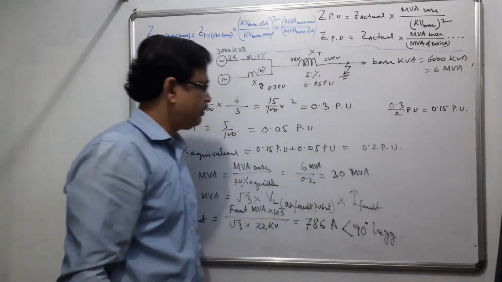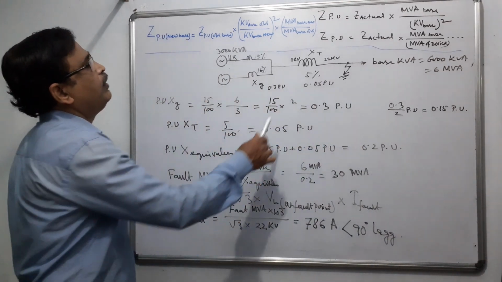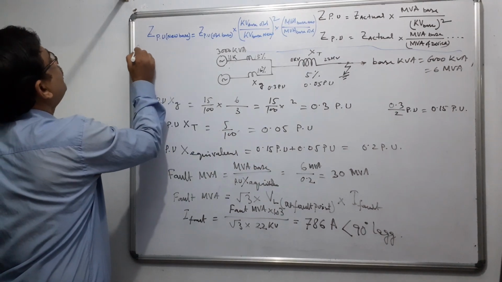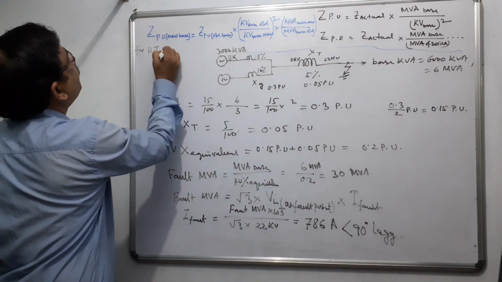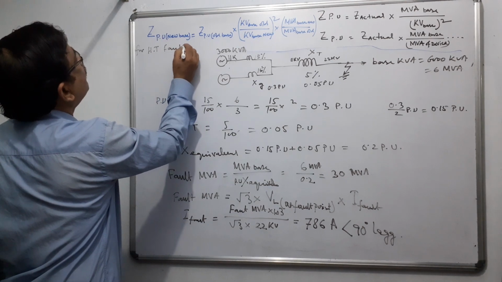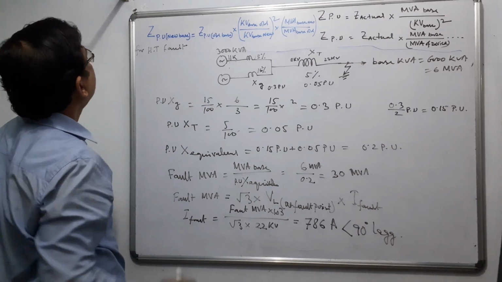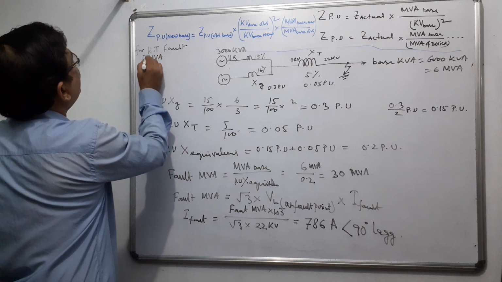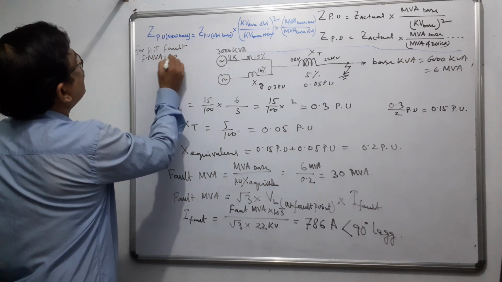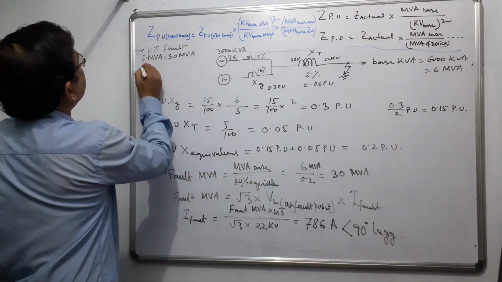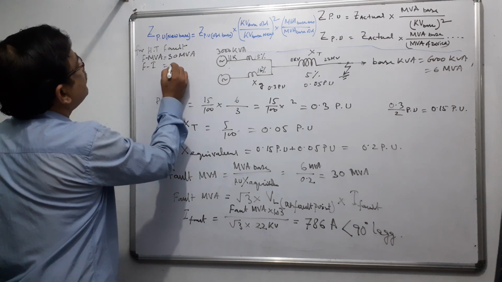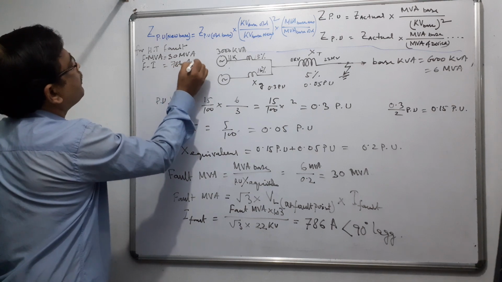That means if the fault occurred here, the fault MVA is 30 MVA, and the fault current is equal to 786 amps.